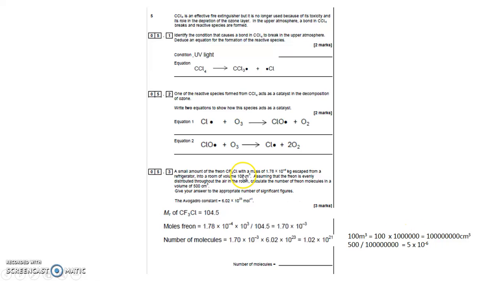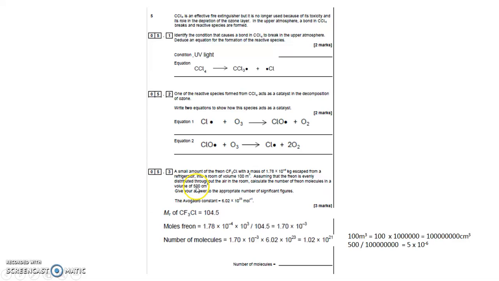And it says I've got 100 metre cubed. So that is the number of centimetres cubed, 1 with 8 zeros, 1 times 10 to the power of 8. That's the number of centimetre cubed in 100 metre cubed. I have now got that in centimetre cubed.